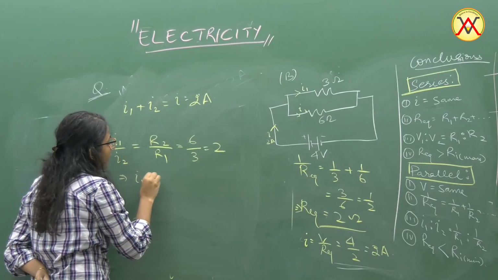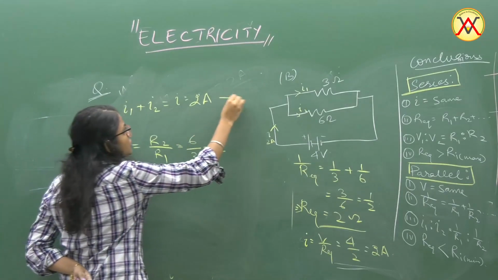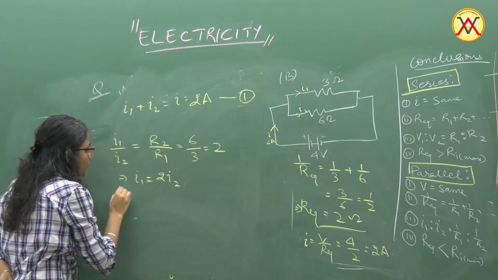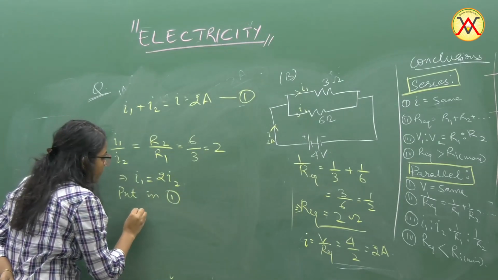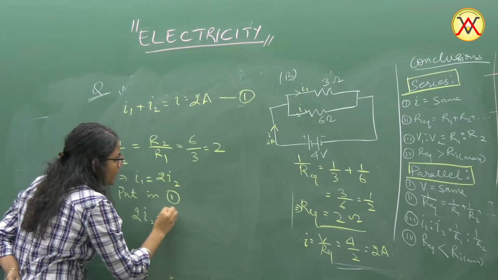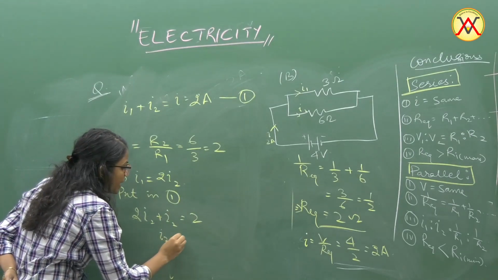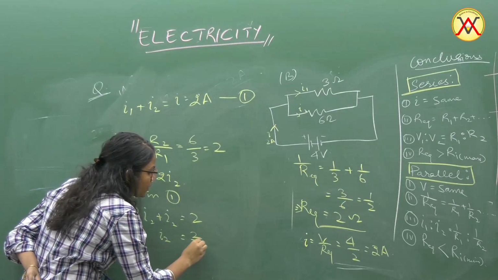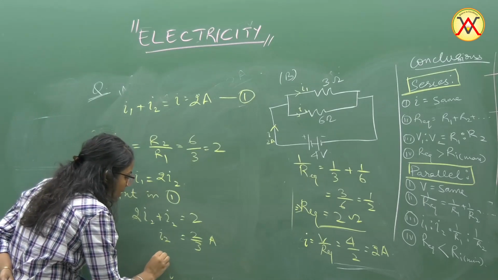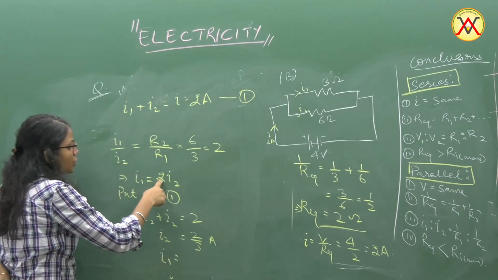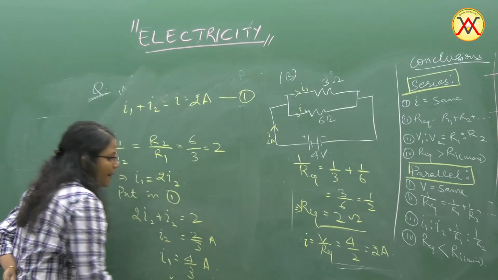So from here we have I1 equals 2I2. If we substitute it in equation 1, we get 2I2 plus I2 equals 2. So 3I2 equals 2, so I2 equals 2 upon 3 ampere. Then I1 becomes 2I2, that is 4 by 3 amperes.